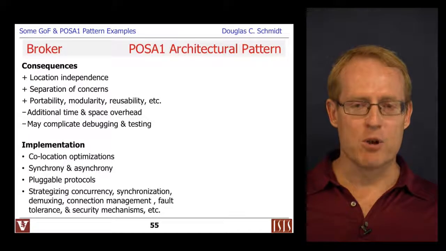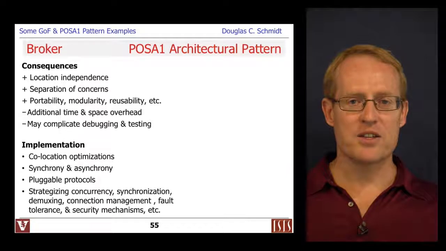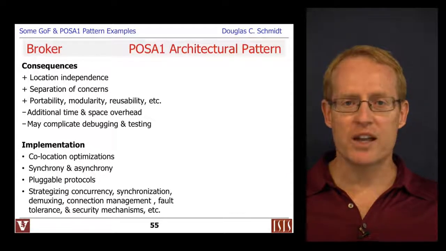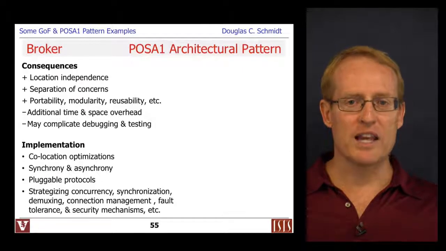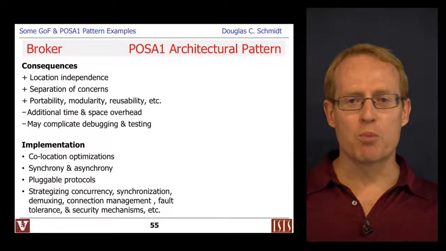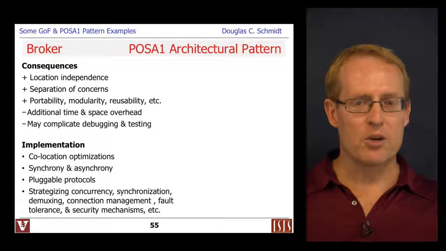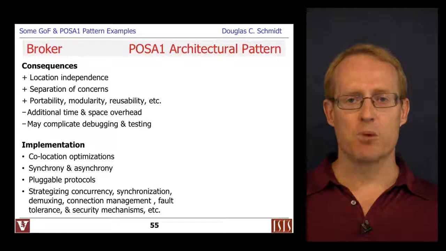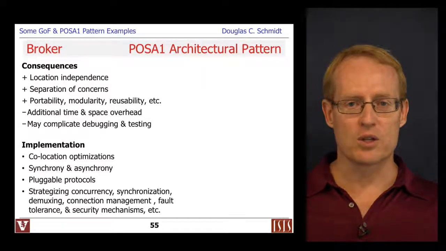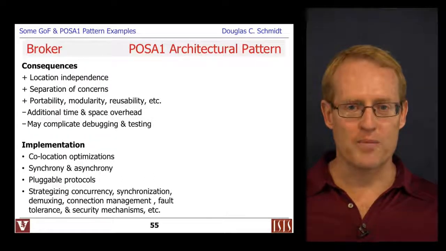Better implementations of the broker pattern typically optimize these co-located paths because it allows you to change your mind about system partitioning architecturally very late in the design cycle, even at runtime. Other considerations: do you support both synchronous and asynchronous communication? Once again, better broker implementations typically support both because it gives more flexibility to architects who are trying to build their solutions in the most appropriate, efficient and easy to understand way.